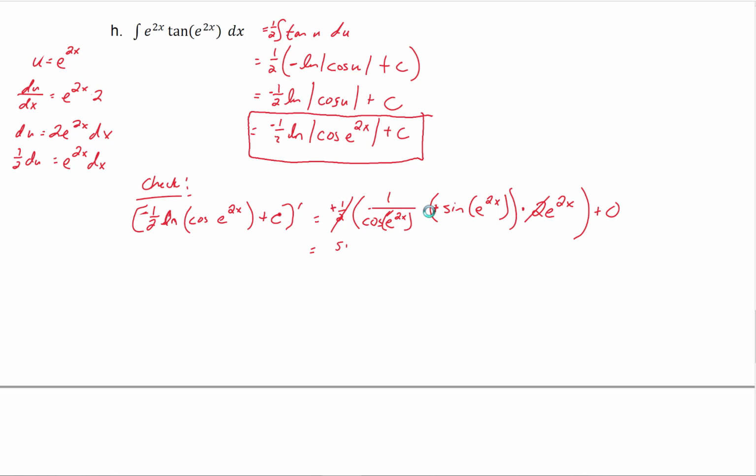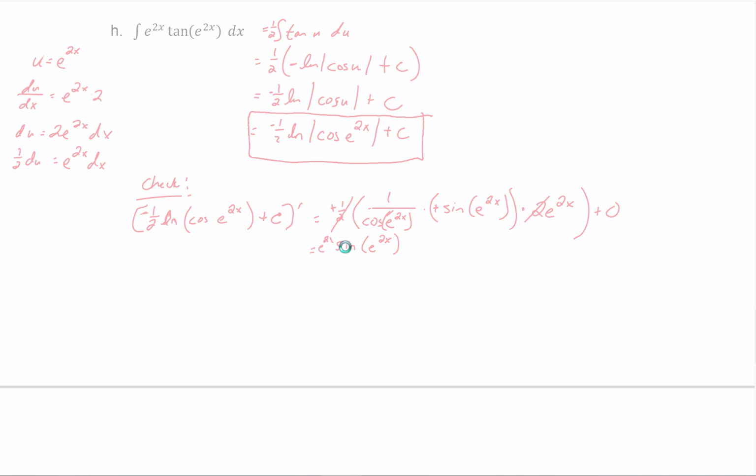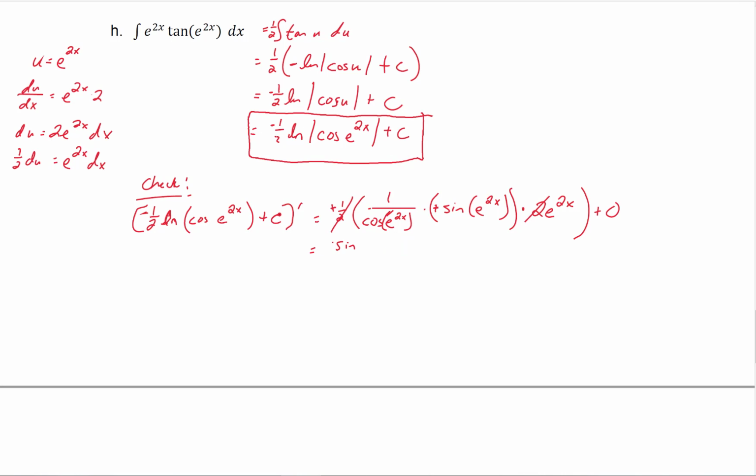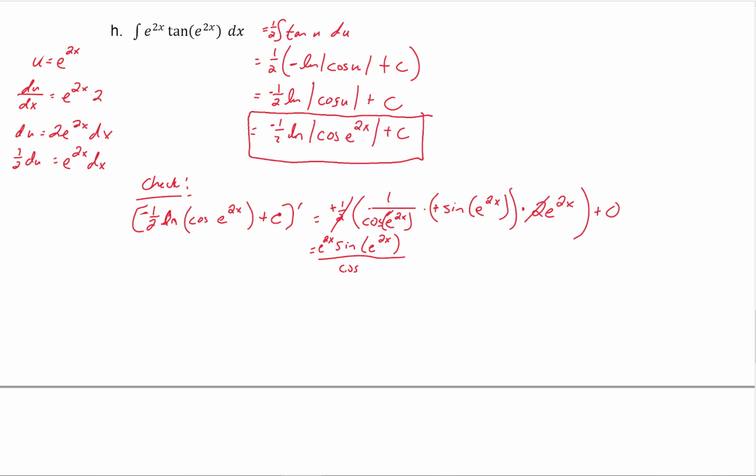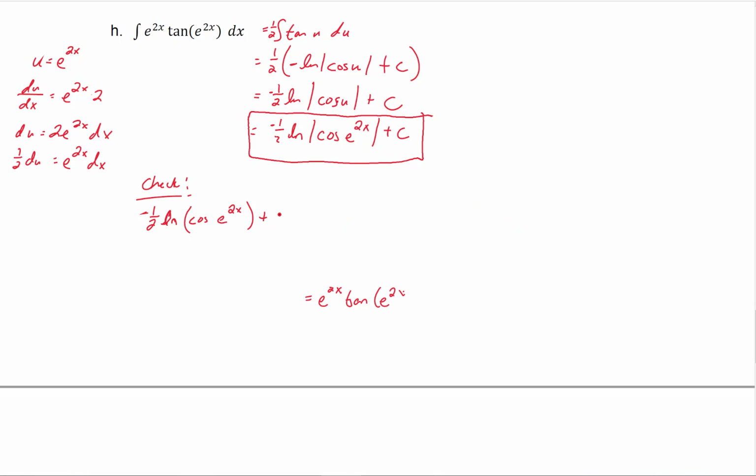So we're left with sine of e to the 2x times e to the 2x over cosine of e to the 2x. And remember, sine over cosine is tangent, so we're left with e to the 2x times tangent of e to the 2x. And that was our original integrand, so it checks out.